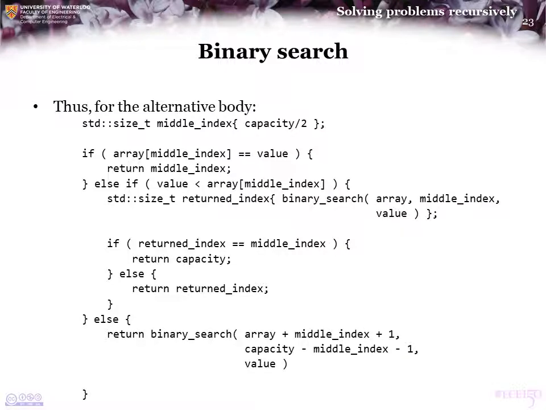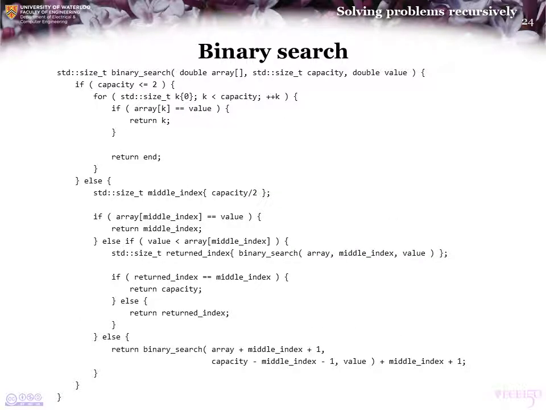Therefore, we will make the appropriate search of the right half of the array past the middle index, and whatever value is returned, we will add to that middle index plus 1. Consequently, this is our recursive implementation of the binary search algorithm.